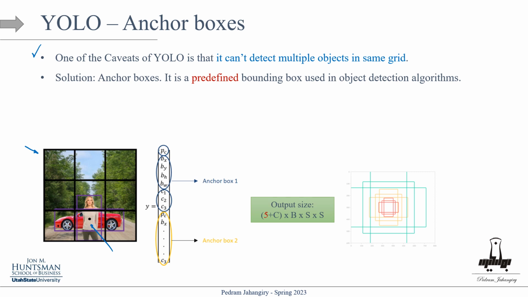The idea is to use anchor boxes. So anchor boxes are just predefined bounding boxes used in object detection algorithms, right? We can have, for example, these different bounding boxes that we are going to predefine. So here we have 9 of them, 3 green, 3 blue, and 3 yellow. They can have different scales and aspect ratios.